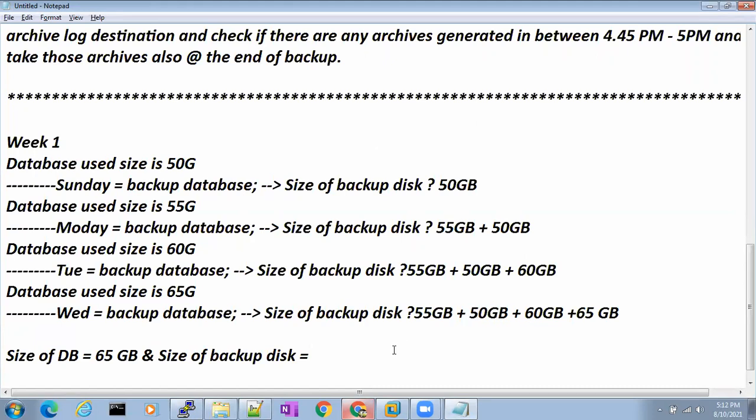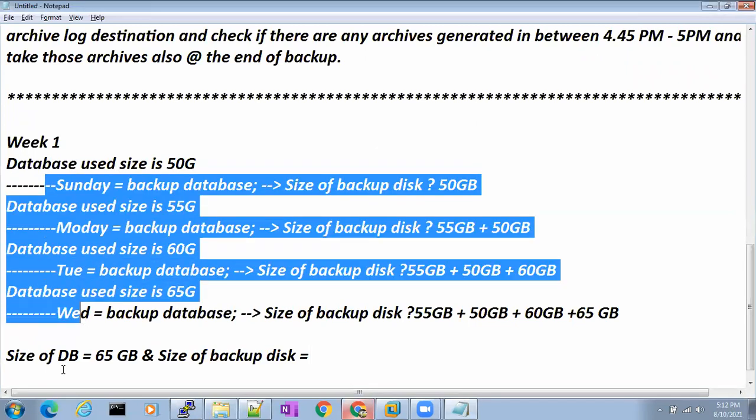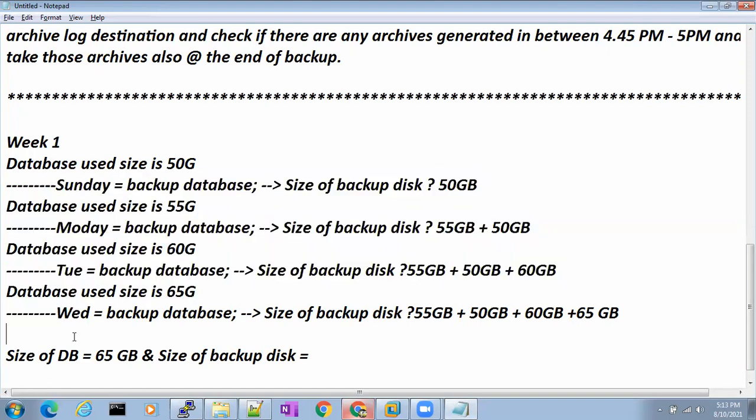When will it overwrite? After 7 days. The retention period is not completed, right? After the retention period, then it might overwrite this, if we follow some standards to delete the obsolete backups.